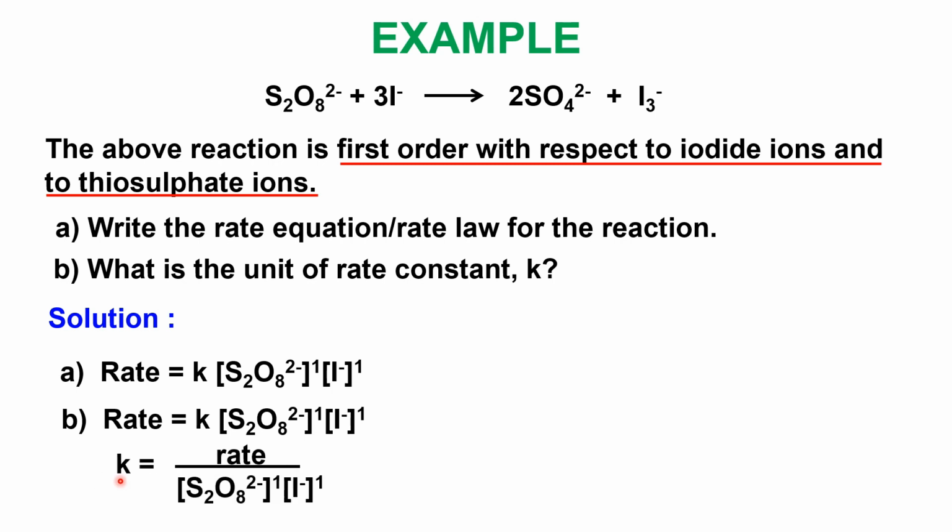It will become K equal to rate over concentration of thiosulfate ion power of 1 times concentration of iodide ion power of 1. To derive the unit of K, unit for rate is molar per second and unit for concentration of both reactant is molar power of 2. So we can cancel out molar and molar. So the unit of K is per molar per second.